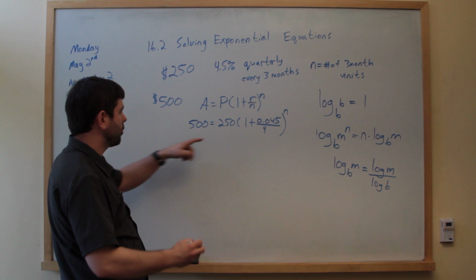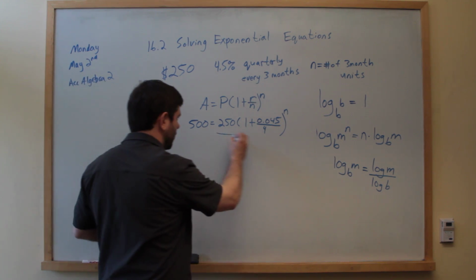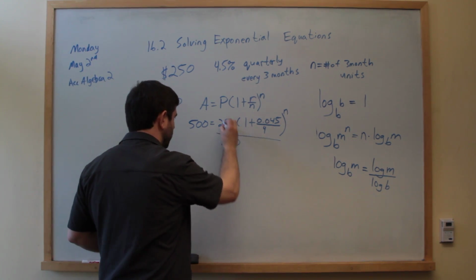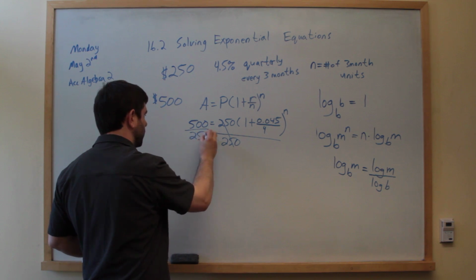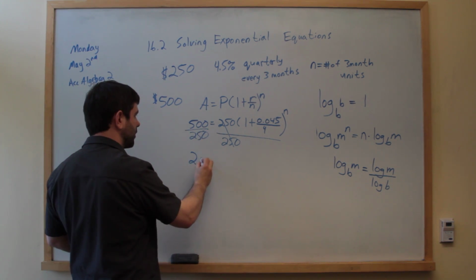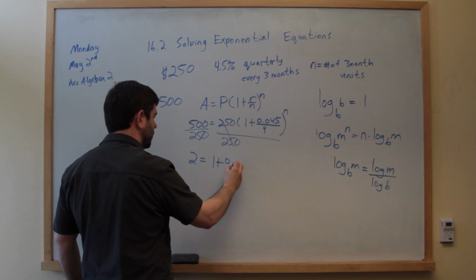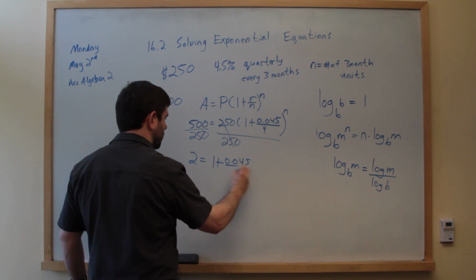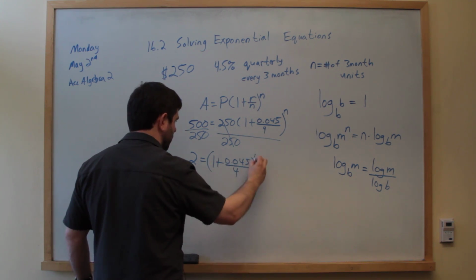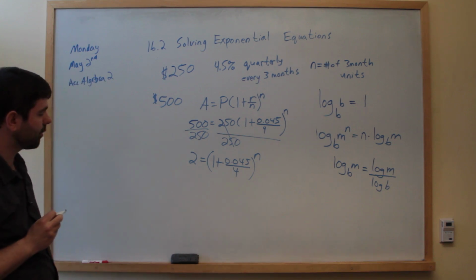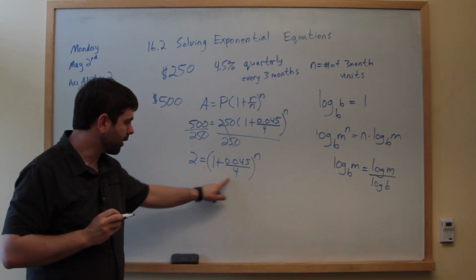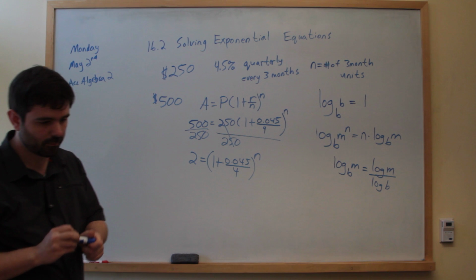Okay, so we'll just divide both sides by 250. This side just becomes 2. We're left with this. We can use a calculator to get a decimal for this value here.